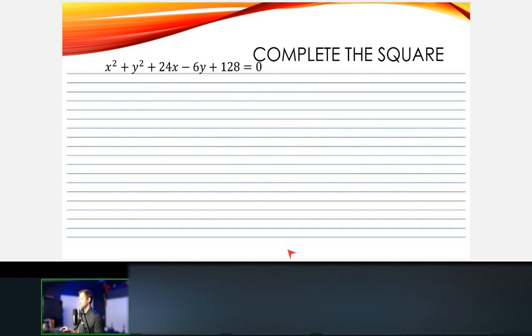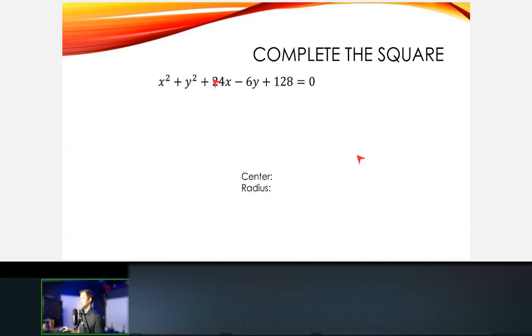All right, let's see what's going on next. So I have the problem here. This is the same problem. What we want to do first is move this 128 to the other side. I have invisible boxes, so I really hope that works. Okay.